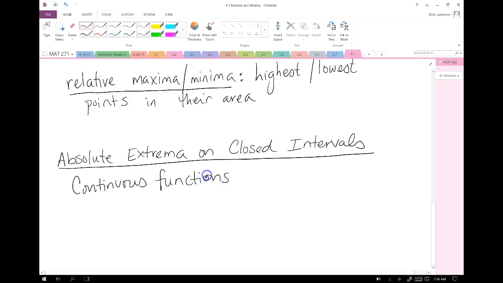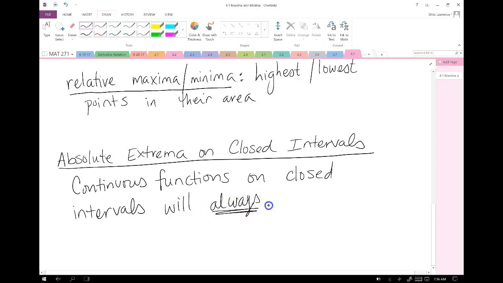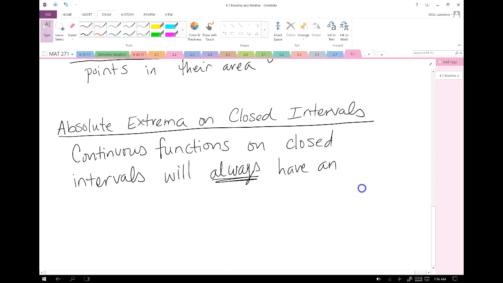The fastest way to figure out if you have a continuous function is if you can draw the entire thing from start to finish without ever lifting your pencil. So continuous functions on closed intervals, that means both of your endpoints are filled in and you can use them, will always have an absolute maximum and an absolute minimum.